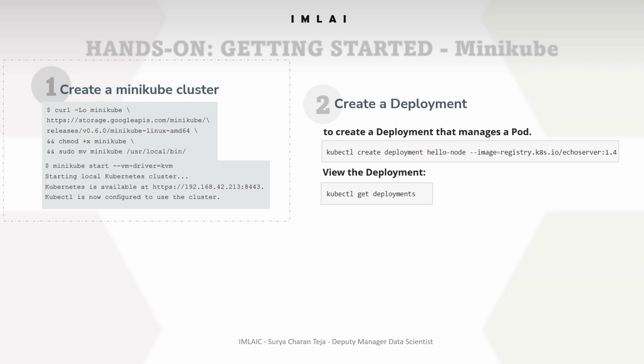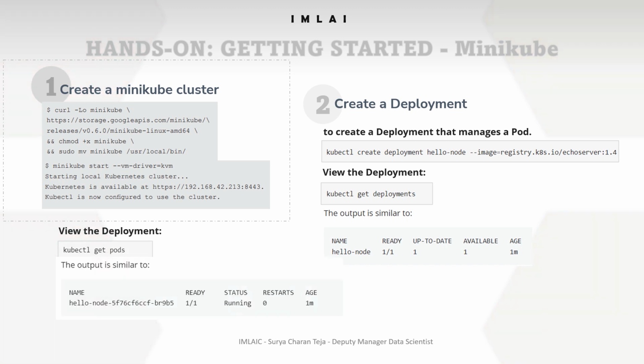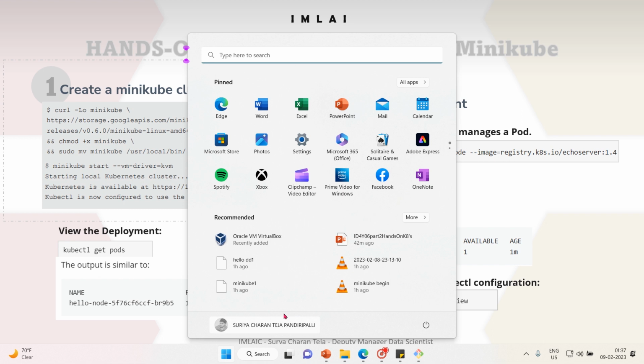Once you create the deployment, you have to view the deployments using kubectl get deployments, and at the same time, kubectl get pods to view the pods also. You can view the config using kubectl config view.